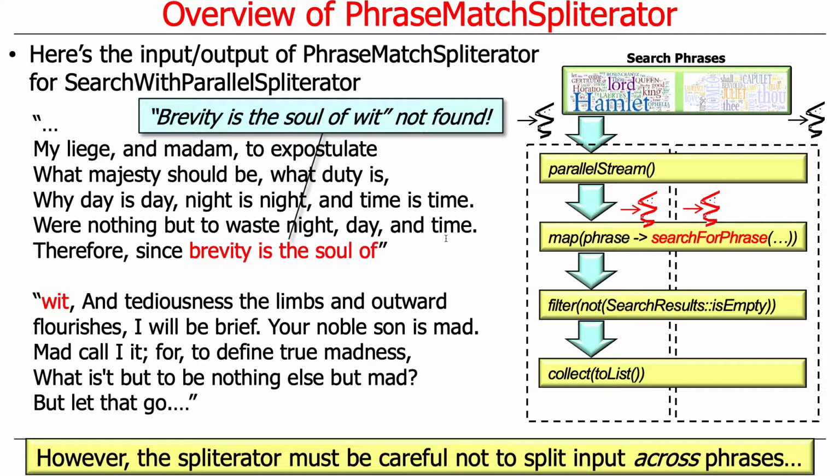If we made one chunk that looked like this and another chunk that looked like that, and then we search for "brevity is the soul of wit," it wouldn't be found here, and it wouldn't be found here, because it was spanning or splitting across the chunks. So that's one of the tricky parts of writing this whole splitterator, making sure we never split the chunks across a phrase. That turns out to be really tricky, but it's very cool to see how it works. So that's really the main issue here that takes some thought.